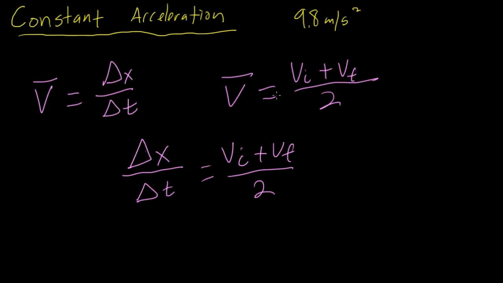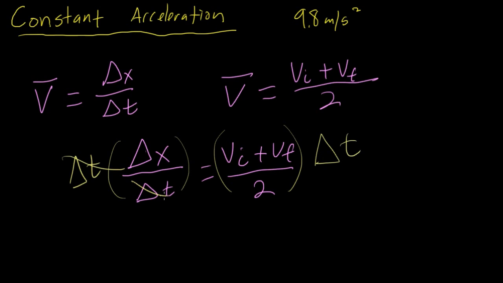Interesting. So if we wanted to solve for the change in displacement, which would be how far we moved, we could multiply both sides of this by delta t, right? Multiply this by delta t, multiply this by delta t, cancels here.